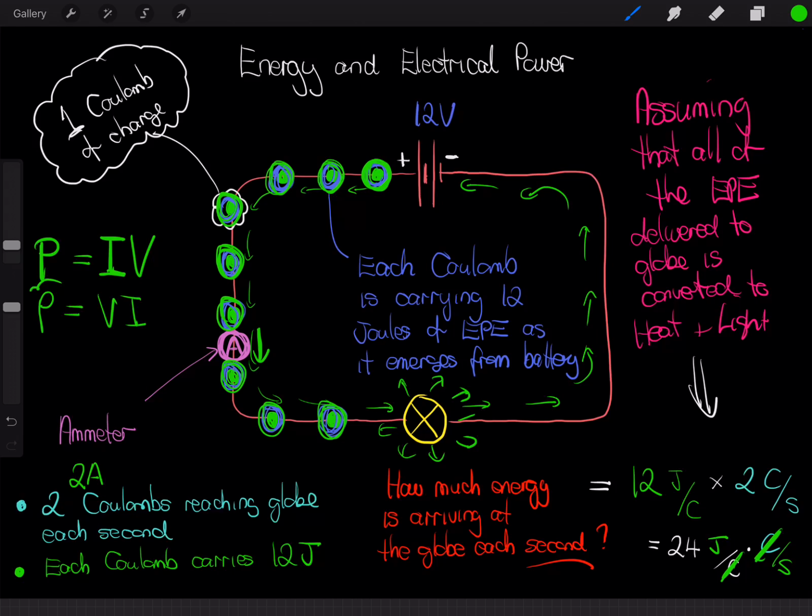So P stands for power, which is the energy delivered per second. So the power, or energy delivered to a globe per second, is equal to the voltage, or the energy per coulomb, times the number of coulombs reaching that globe per second.